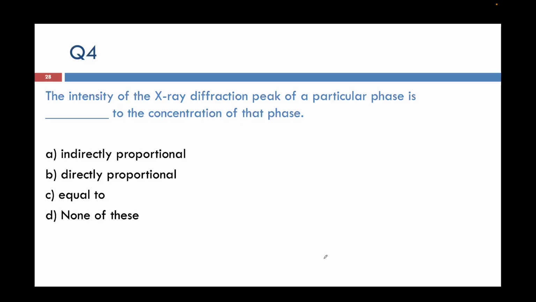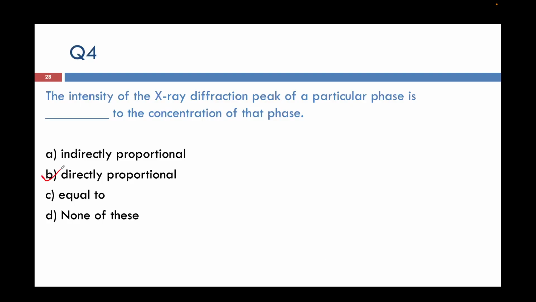We have seen the direct comparison method, right? Concentration of that phase, how much volume fraction will be present there, that will dictate the concentration, right? So the correct answer is B.